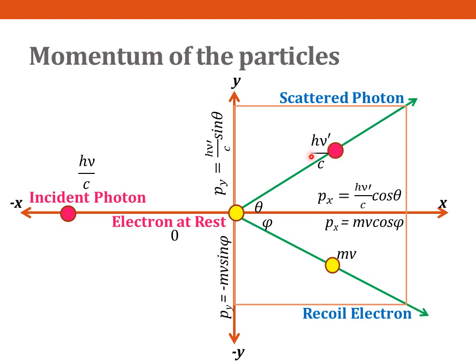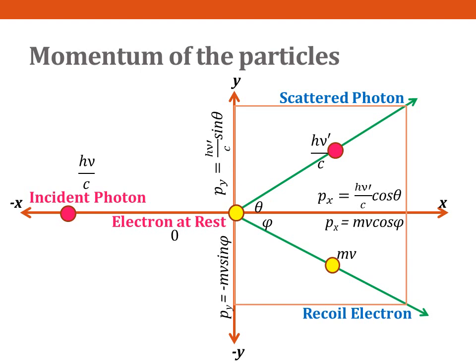The x component of the scattered photon's momentum is h nu prime by c cos theta and its y component is h nu prime by c sin theta. This scattered photon has a scattering angle given by theta.